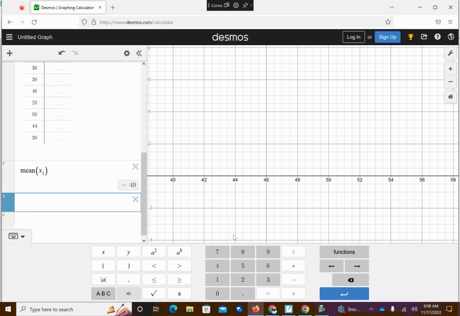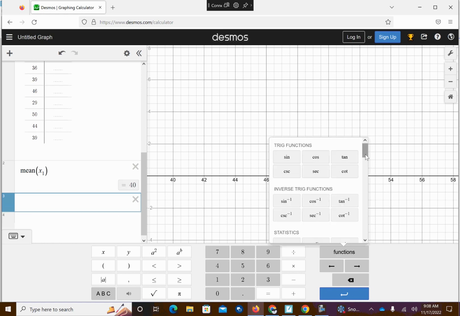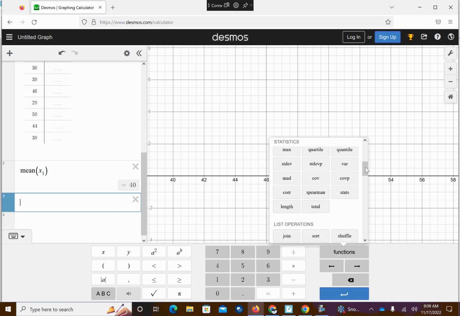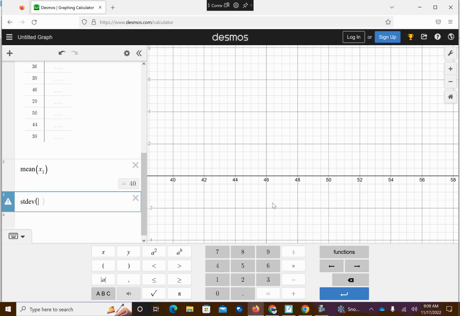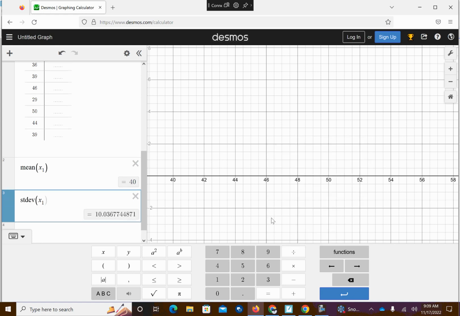We can do the functions, statistics, standard deviation of x1, and the standard deviation is rounded to 10. Okay, so you have the time it takes people to do a crossword puzzle. So the average is 40 minutes. 68% of the people would get it done between 30 and 50 minutes if I added or subtracted 10 from 40.